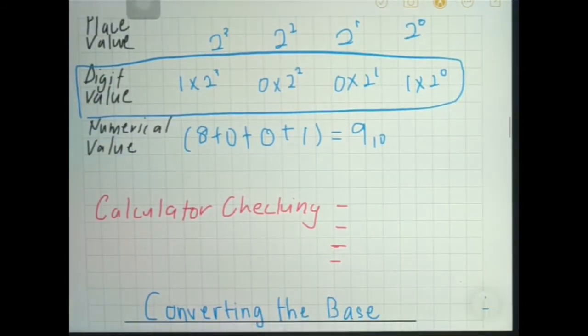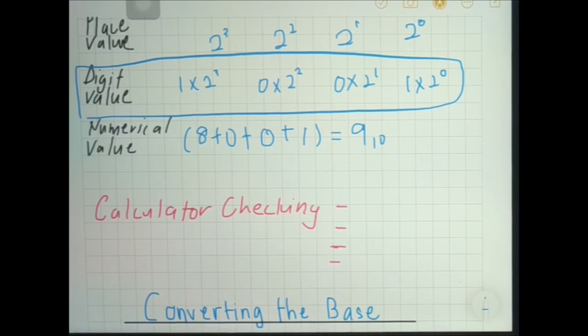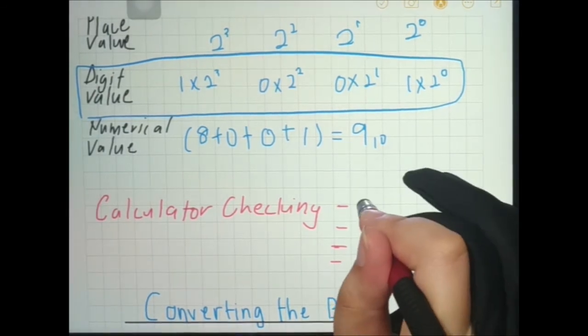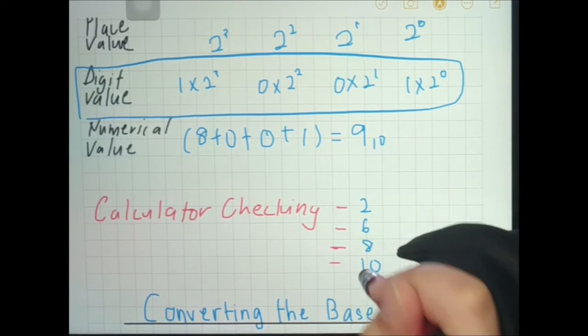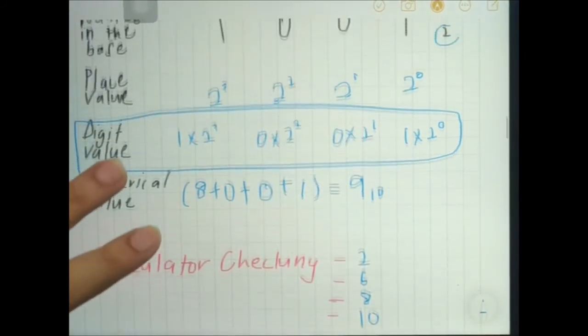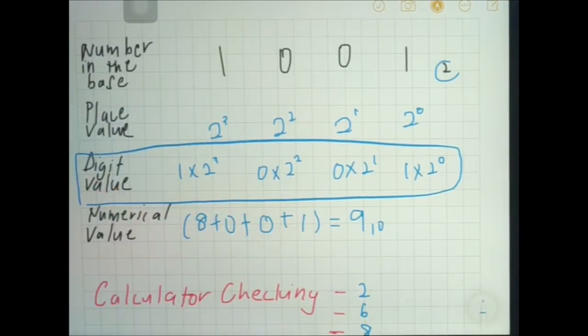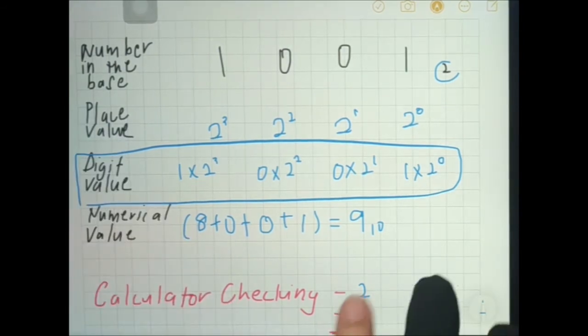Now, we can use our calculator to check the answers, but it only works for some bases like base 2, base 6, base 8, and base 10. So I want to check if I got the correct answer.